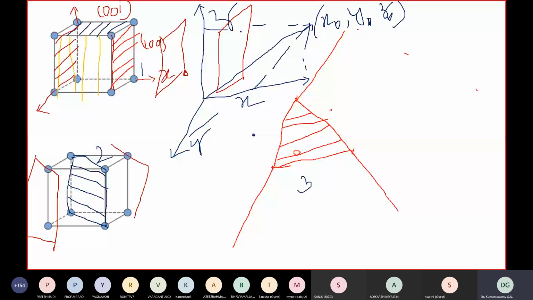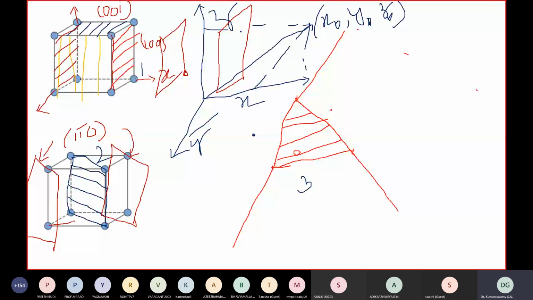They're all same. They're all parallel planes. You define one plane, anything parallel to all these planes is represented by the same name. You don't need different names. If this is 1 bar 0 plane, this is also 1 bar 0. If you go further to any distance in the same direction, you will always get 1 bar 0.